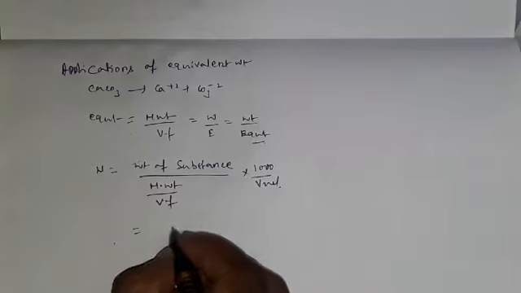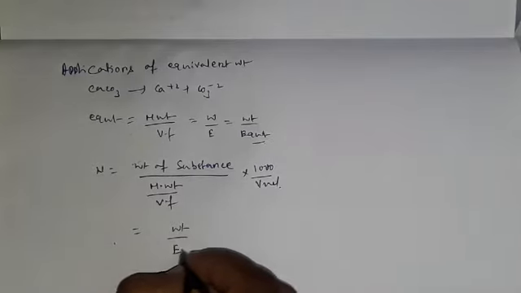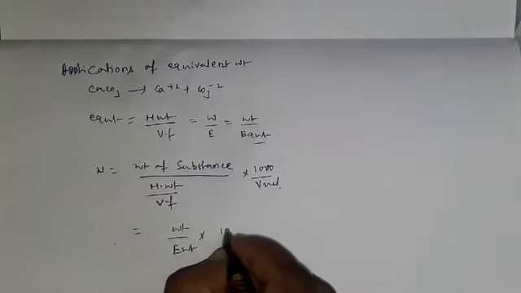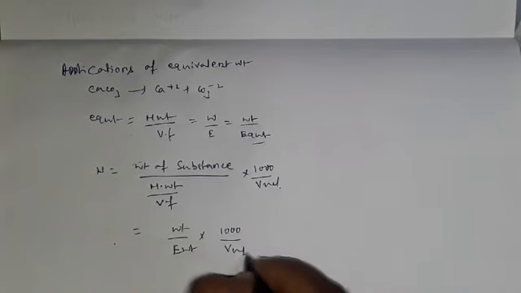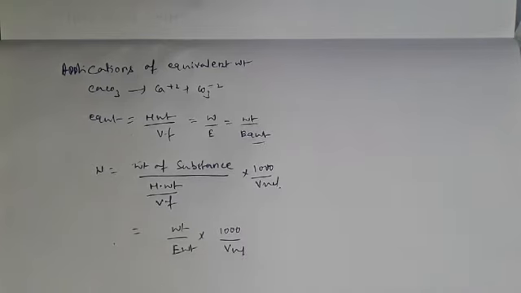So that is equal to weight by equivalent weight into 1000 by VmL. This you can connect in another way: weight of one compound by equivalent weight of one compound equals weight of another compound by equivalent weight of another compound. That way you can relate these quantities.